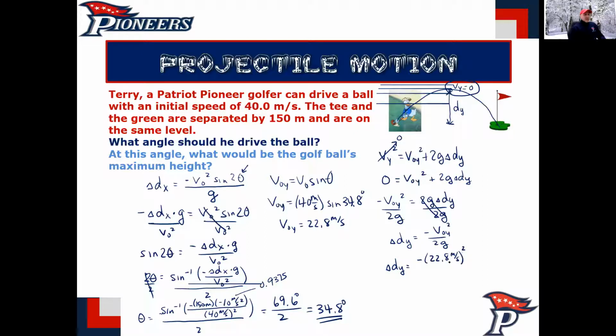Right, and that negative sign out there is because of subtraction, so it doesn't get squared. And it goes away because G is also negative. So I square the 22.8 and divide that by 20, and I get just over 26 meters tall for its maximum height. Questions on that?